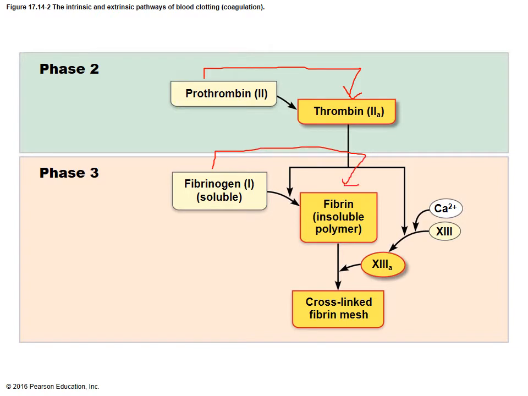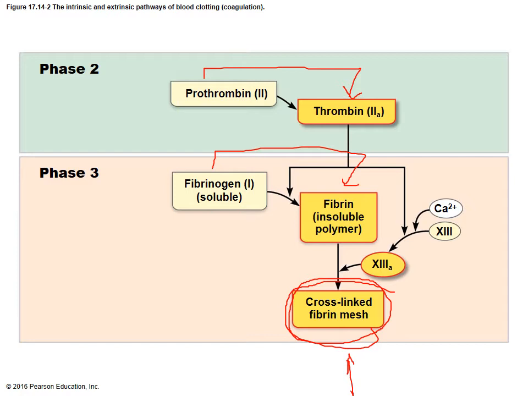And you've seen fibrin before. That's going to be the sticky solution that's going to allow for the coagulation to actually occur, because it's going to form this mesh network between the platelets, forming your full clot. So you have your intrinsic and your extrinsic pathways. Both require calcium.